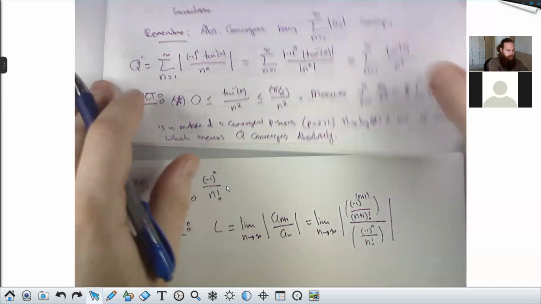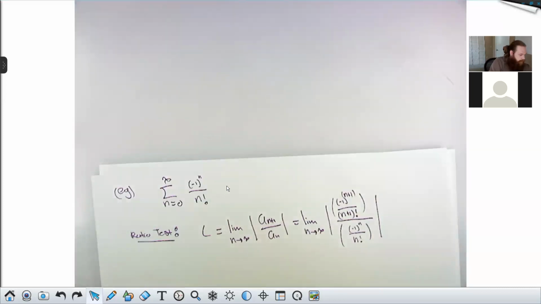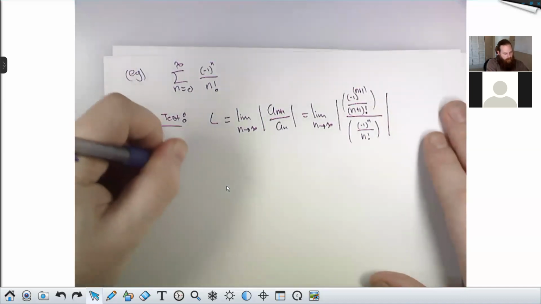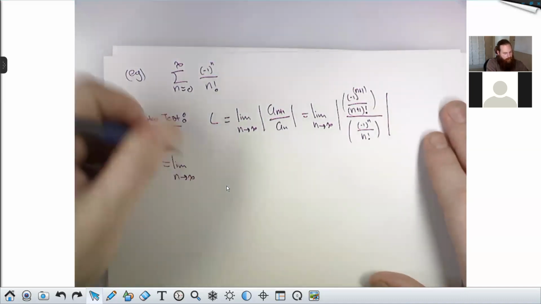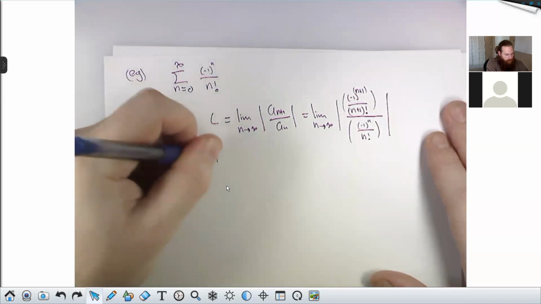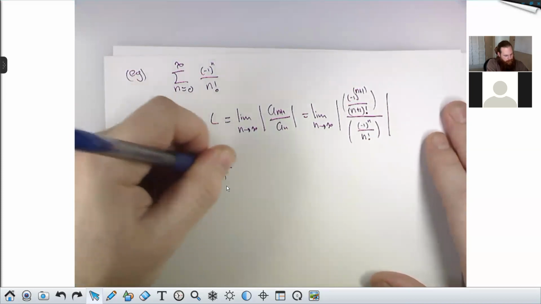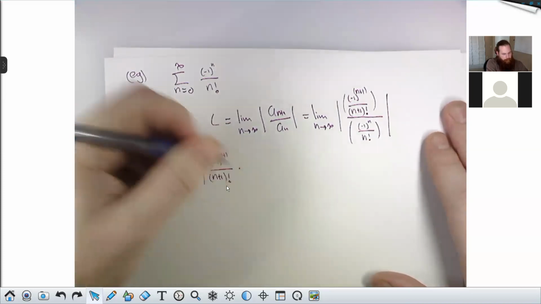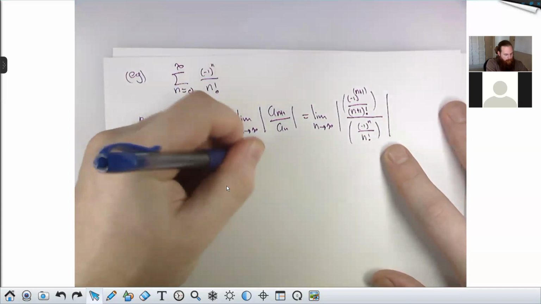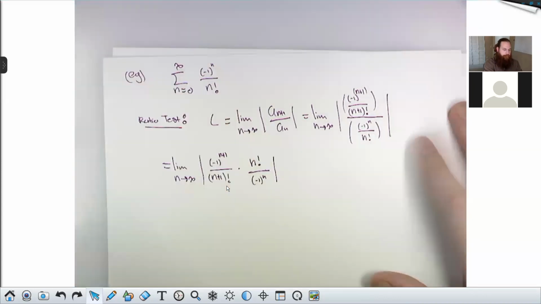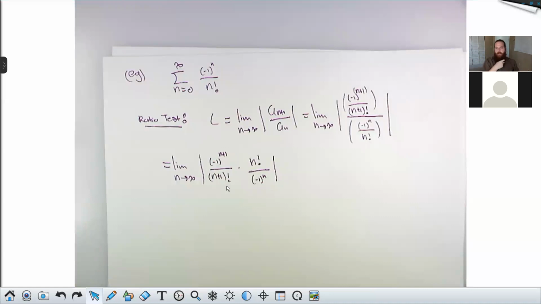All right, I am going to pull this stuff off now. So here I get the limit as n goes to infinity of (-1)^(n+1) over (n+1) factorial. I'm just going to flip and multiply by the bottom. That's n factorial over (-1)^n. And then I like to group things together.